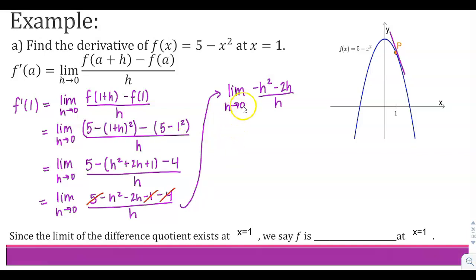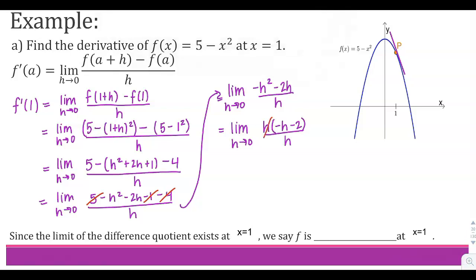Now, if I were to try direct substitution, I'd end up with 0 over 0, indeterminate. So I'm going to have to use a little bit of algebra, and that's going to be factoring out an h in the numerator. So I cannot cancel unless I factor. So if I factor out an h, I'll get negative h minus 2 over h.